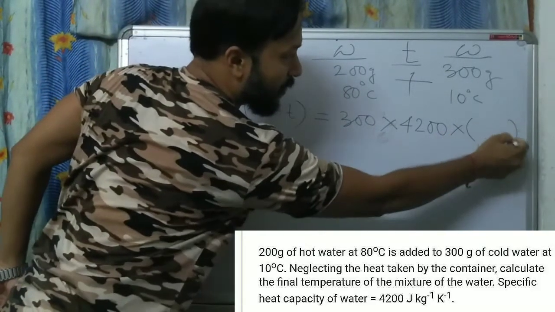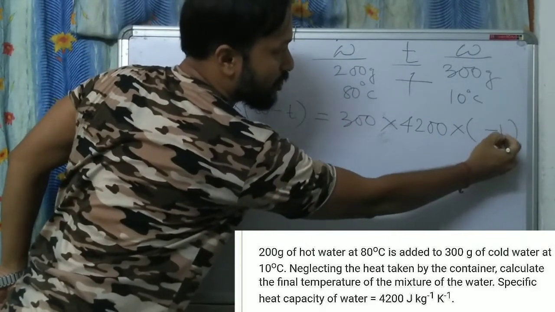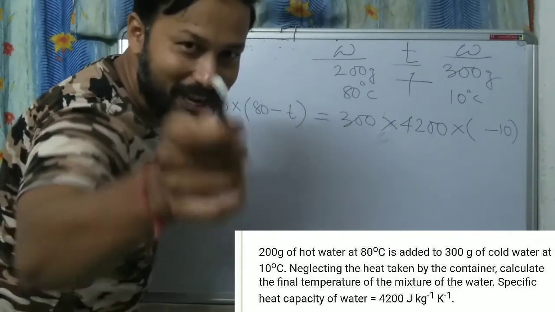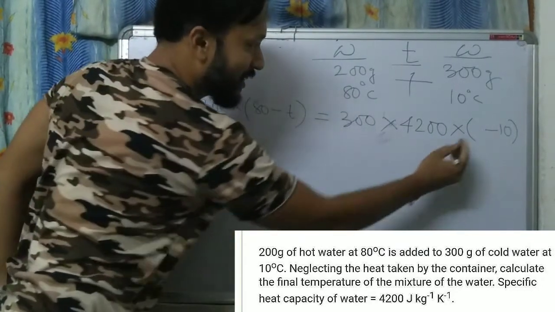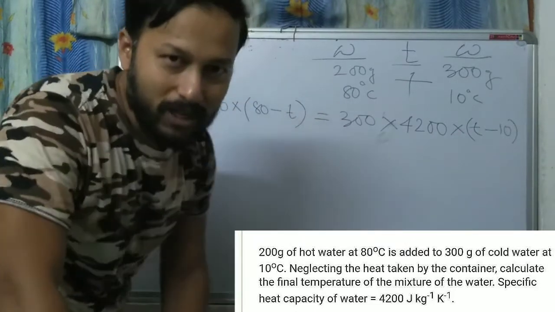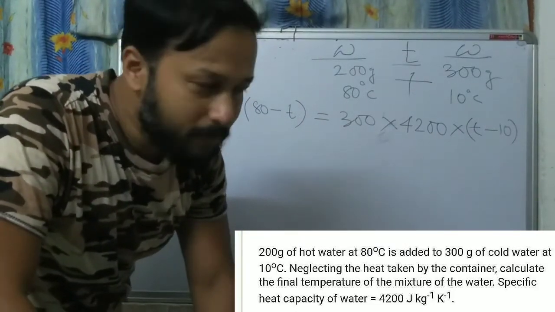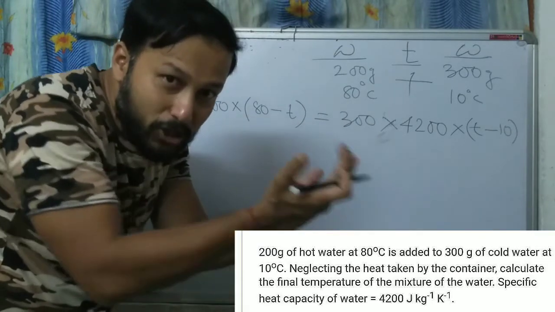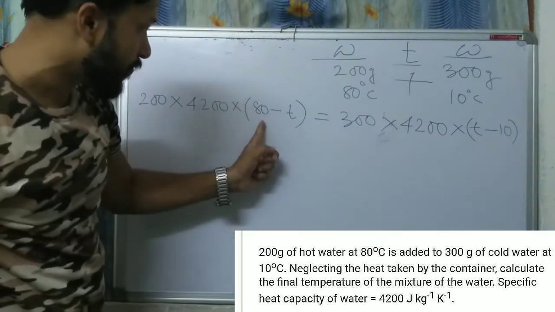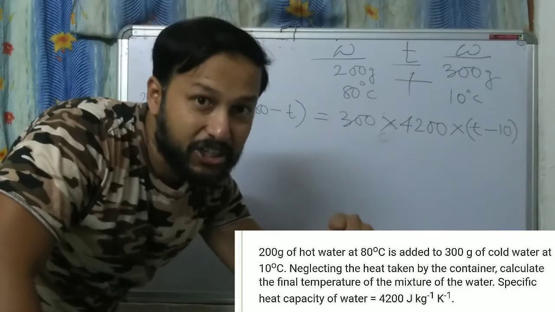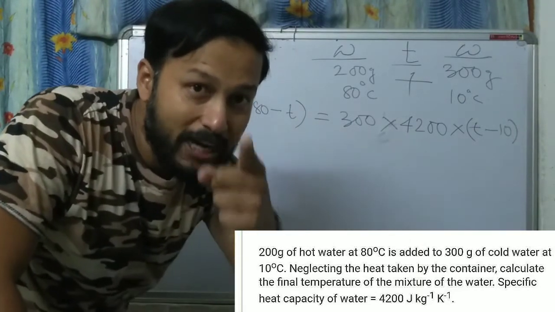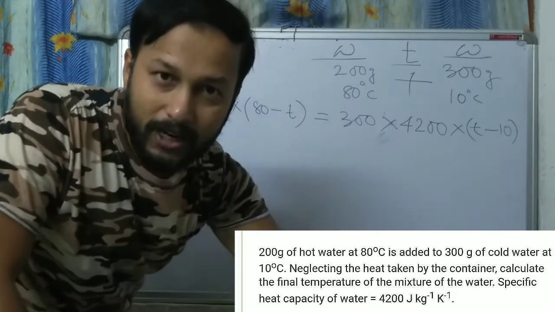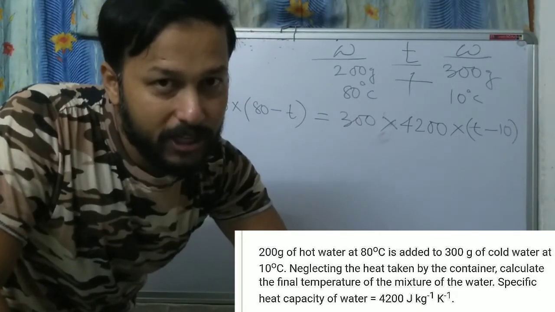So we are writing here 10. What should I write here? Yes, final temperature T. Any doubt? I told you in the previous sum that the temperature of who is giving heat will be written at first. Who is taking heat, the temperature of that material will be written at last. Understood? Now let us calculate it.